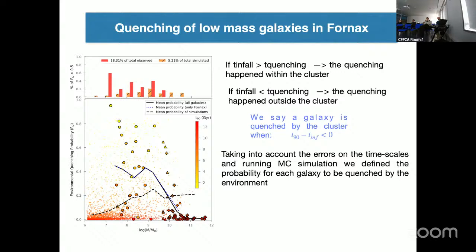But in Fornax, there is a large fraction, you can say, for example, 40% of the galaxies, that were quenched before falling into Fornax. So there is something in simulation, and at least Fornax, this is only one cluster, okay? We have to do this for a large sample of clusters.